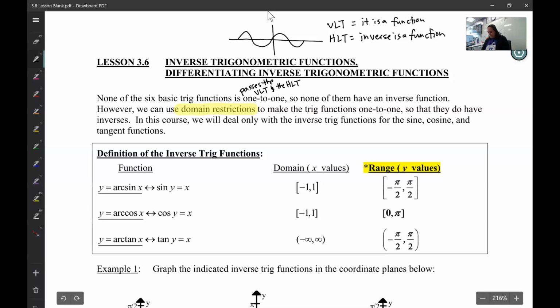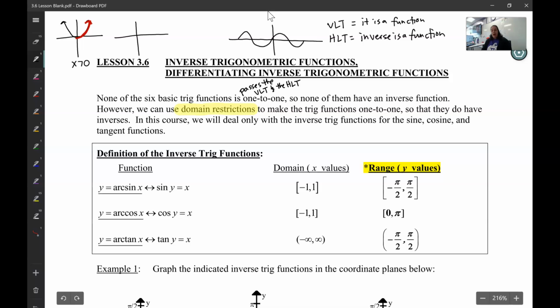A good example of this is our parabola. If you look at a parabola, this parabola passes the vertical line test, so it's a function, but does not pass the horizontal line test, so the inverse is not a function. But if I restrict the domain to only this piece, so I've restricted the domain to only x greater than 0, now it passes the vertical line test and the horizontal line test.